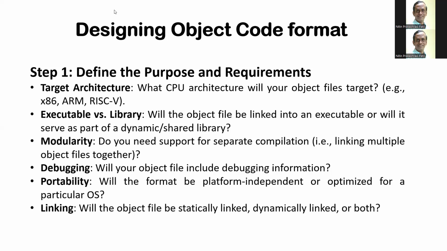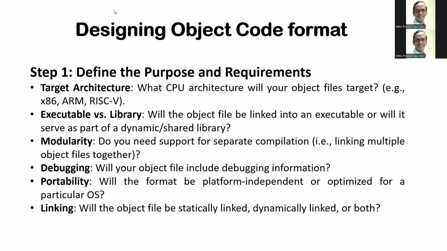Further, we have to decide whether we will need support for separate compilation, because we may require that object file for linking multiple object files together at a later stage. Further, we have to think about whether the object file would include debugging information.